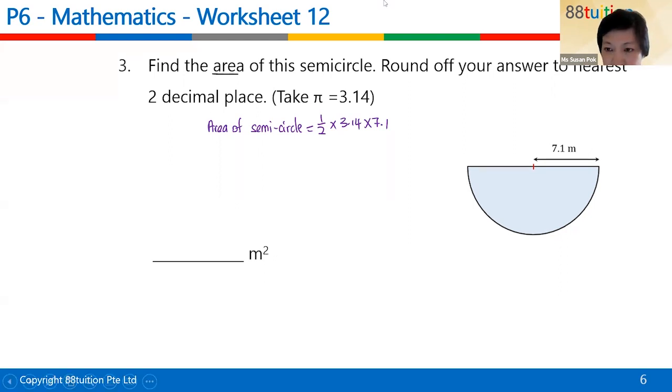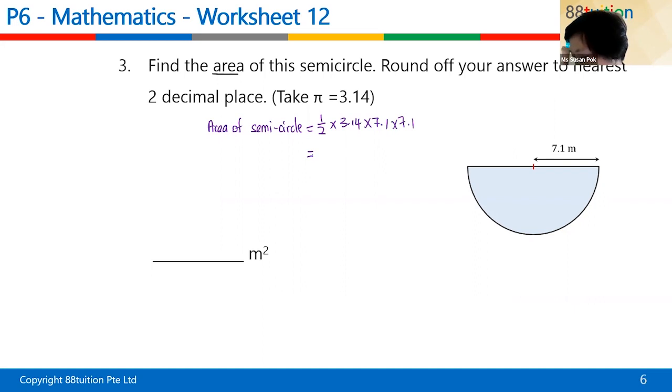So what's your answer? Then what's wrong with it? Who can tell me what's wrong with it? See who is the fastest. Okay, thank you, Ming An. Ming An spotted it. Very good. I purposely left it blank for you to tell, but no one told me.